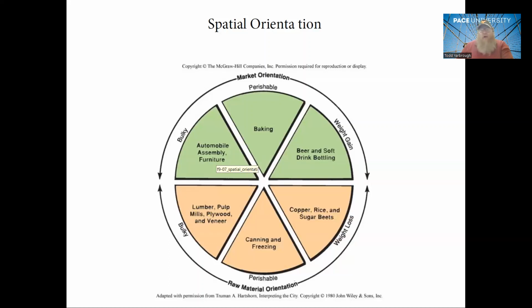What goes on there in the middle, and how does that eventually dictate the spatial orientation that we see, not just within a given region or within a given country, but of course within a given globe.